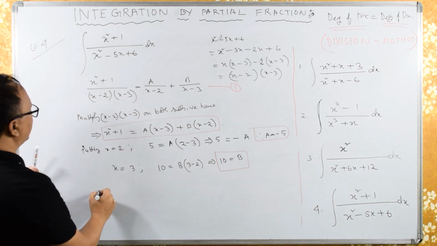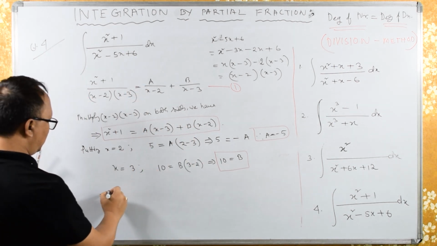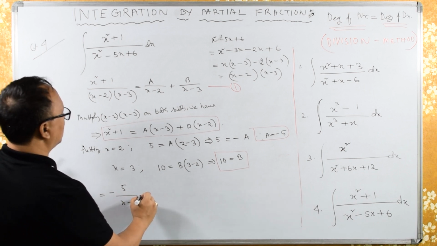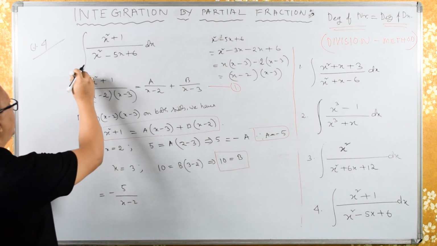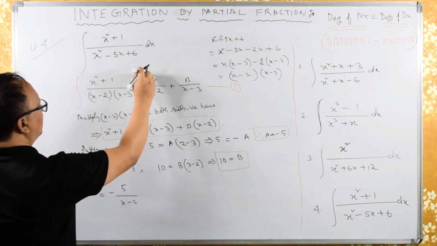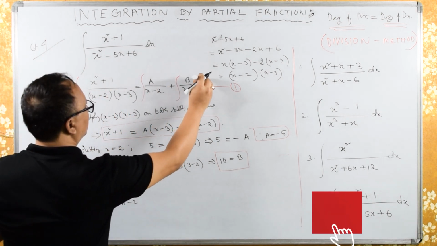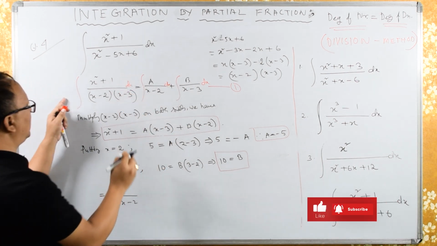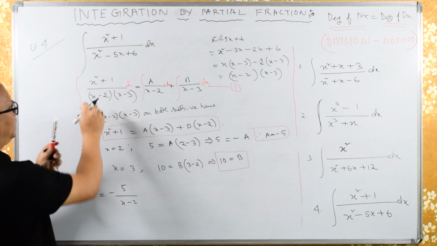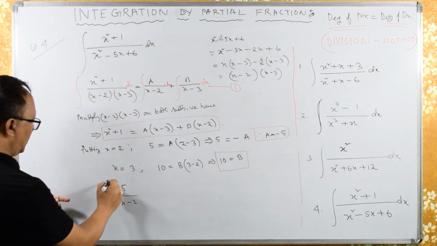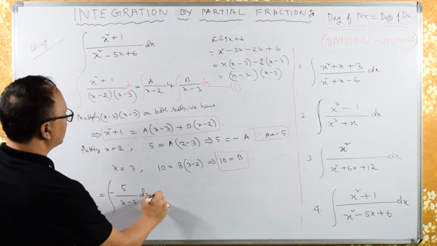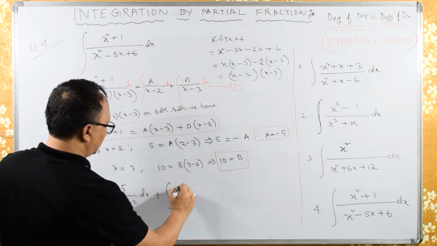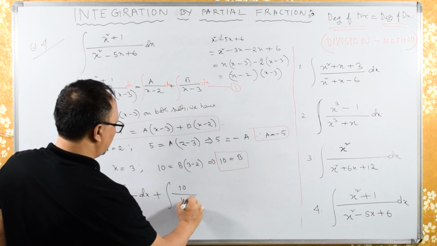So what we have is minus 5 upon x minus 2 plus 10 upon x minus 3. Let's take the integral over here. Integral of this is the same as this, dx plus b is 10, integral 10 upon x minus 3.